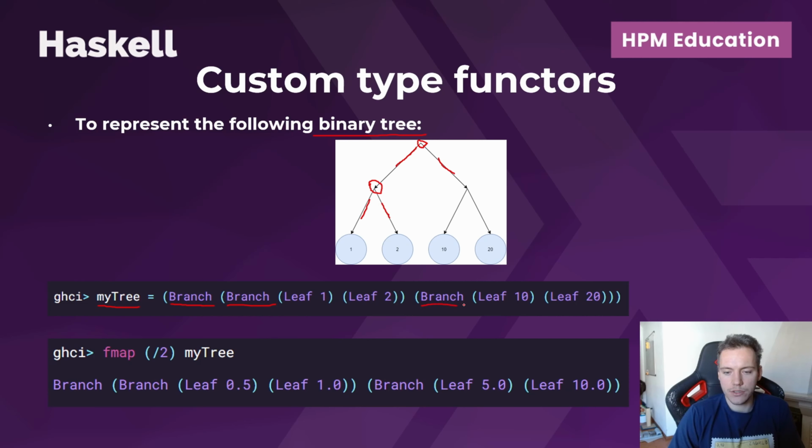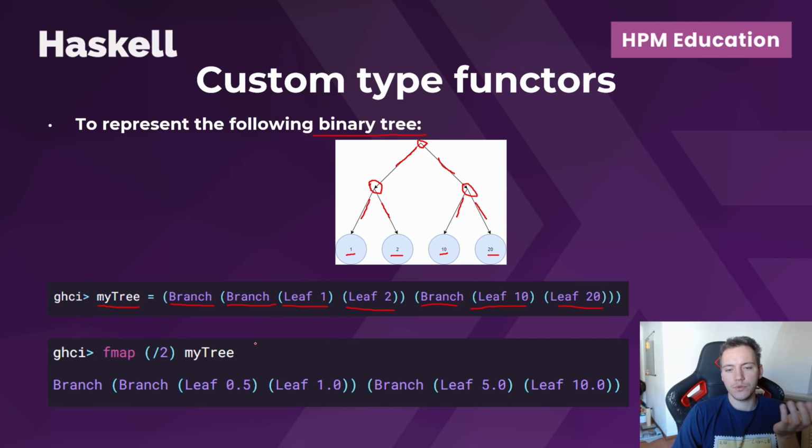The right child of the root node is also a branch, also does not hold any value, but has two children. The children of the second level nodes are leaf 1 and leaf 2 for the left branch, and leaf 10 and leaf 20 for the right branch. Okay, so that's how we get this diagram.